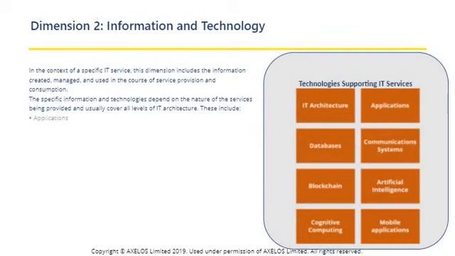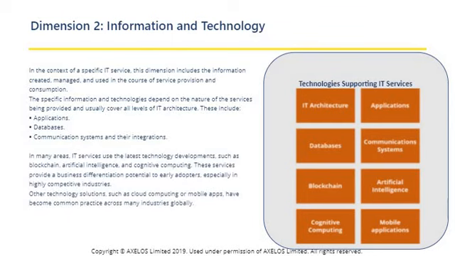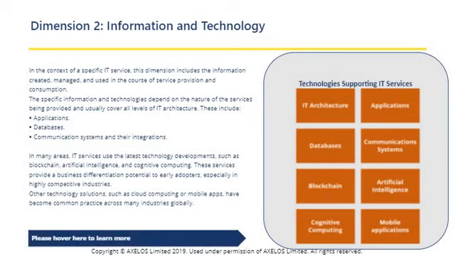These include applications, databases, communication systems and their integrations. In many areas, IT services use the latest technology developments such as blockchain, artificial intelligence, and cognitive computing. These services provide a business differentiation potential to early adopters, especially in highly competitive industries.